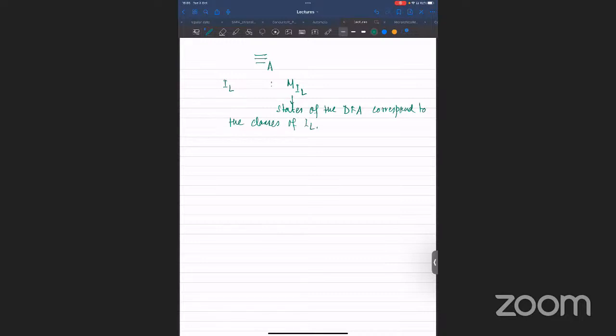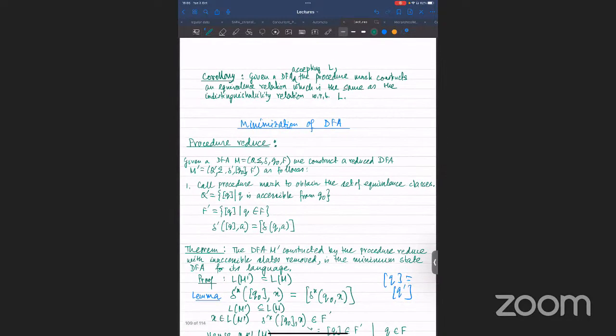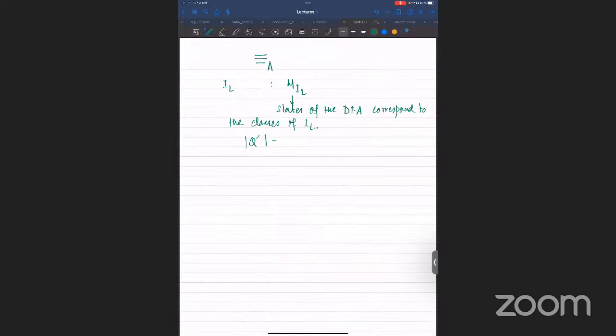And all we are saying is that after the reduced procedure, the DFA that you obtain is the same as this one. Correct? So after the reduced procedure, suppose you have these sets, this M prime, we are calling this Q prime, and say Q prime equal to N, right?